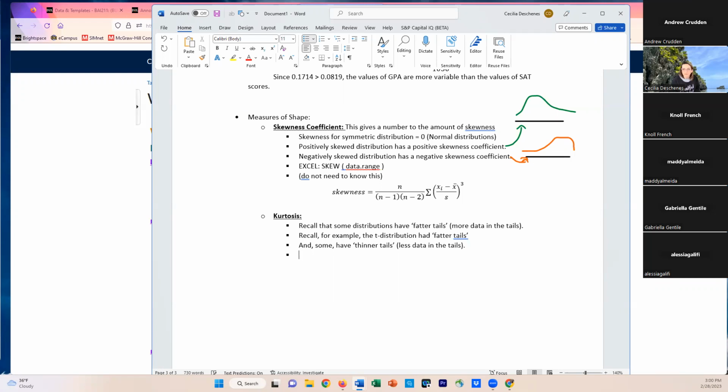Well, it turns out that mathematically it is possible for data to have the same mean, the same standard deviation, and the same skewness, but have different shapes. Hence the need for the kurtosis.